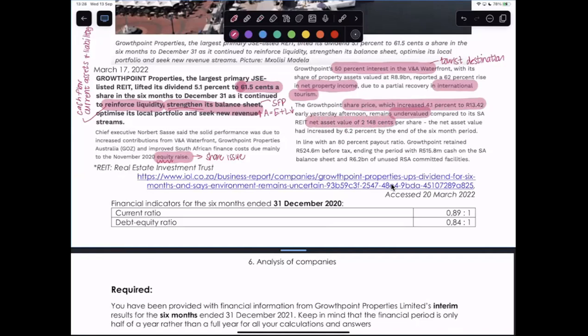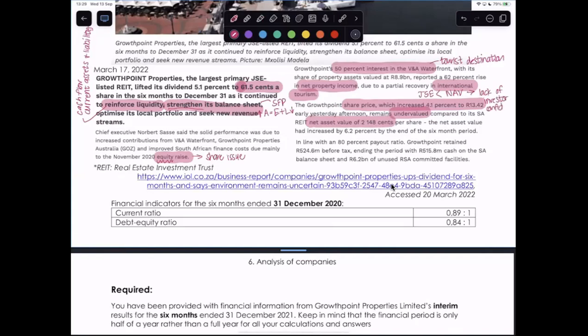Look at these two figures and think about how you can compare them. Remember that we always want to compare the JSE price to the market price. In this case, the JSE price is quite a lot smaller than the net asset value. That indicates that there's a lack of investor confidence in the business.